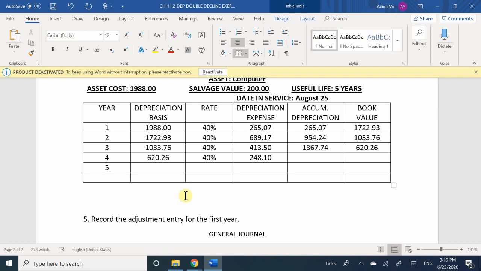All right, and then let's add that to our 1367.74. And then what do we get? 1615.84. I did not get that.